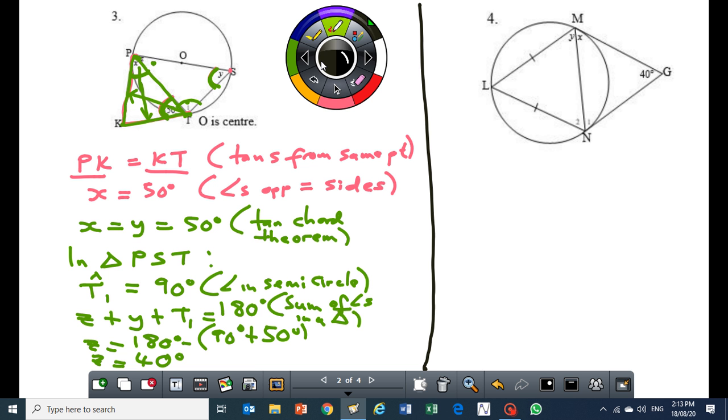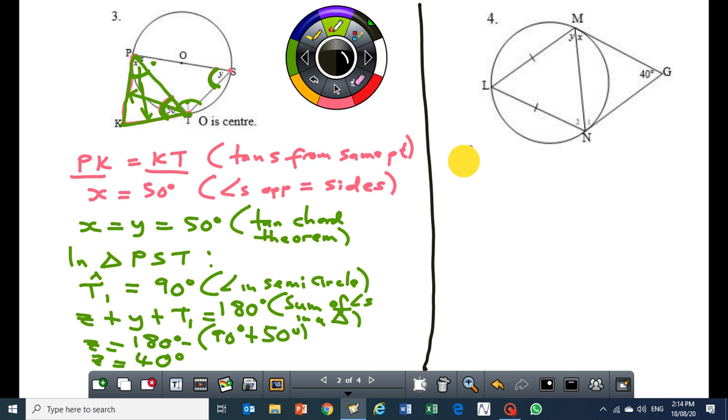So if I'm given this angle here, it's 40 degrees. I can find X by saying in triangle, in fact, let me write this first.